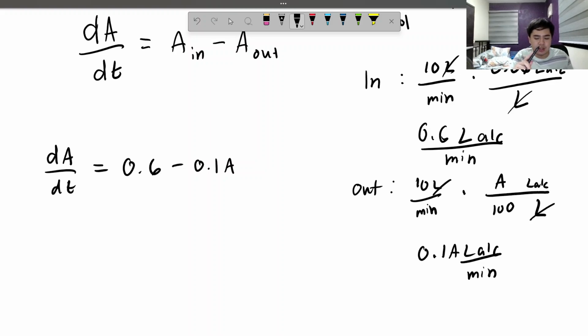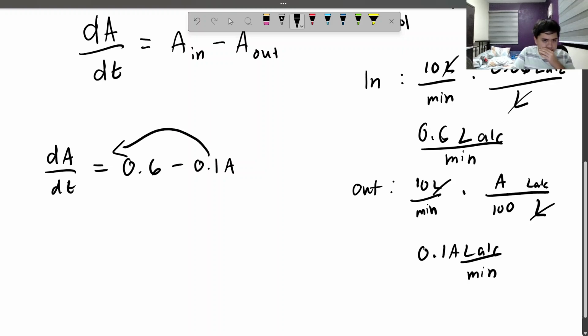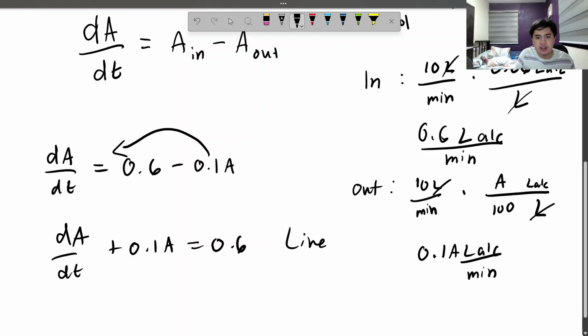You can use a separable differential equation by doing a fraction and then dividing both sides by this and that. But I would like to use a linear differential equation because I can see that transferring this to the other side, we get dA over dt plus 0.1 A equals 0.6, and this is linear.